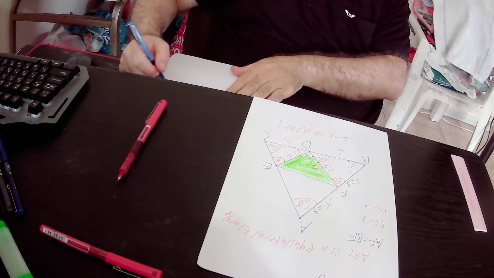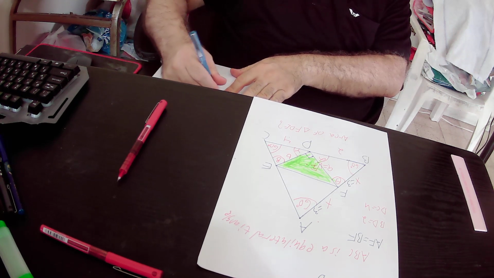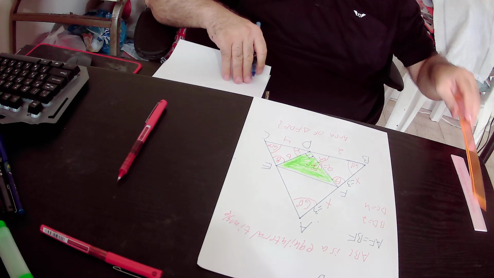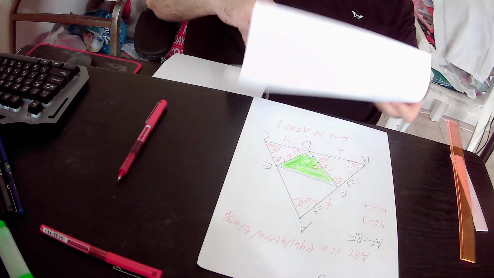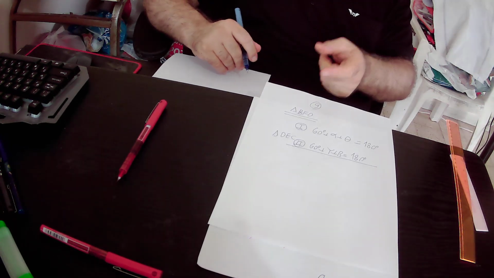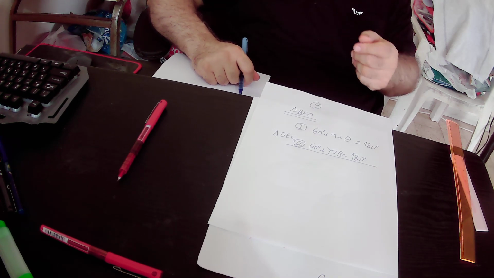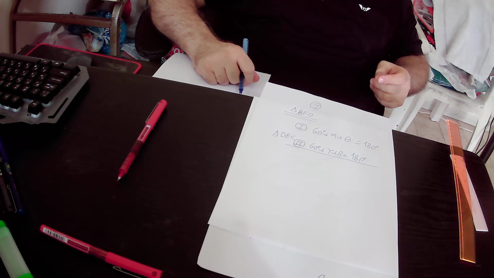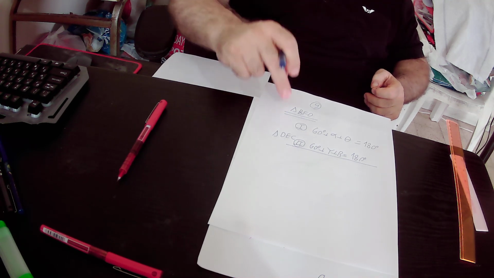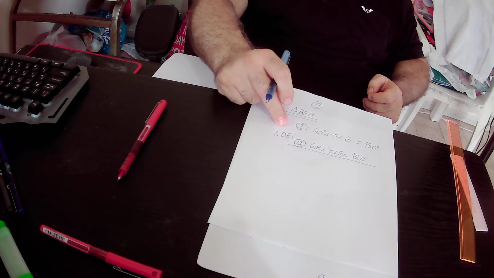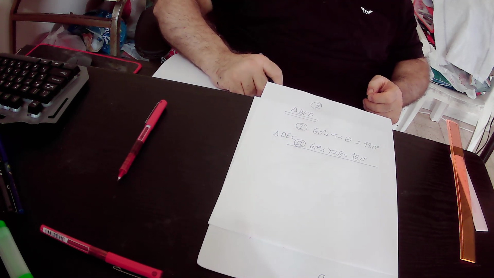Okay, so we created two equations. Equation number 1 states that the sum of the angles in triangle BFD equals 180 degrees, and equation number 2 states that the sum of the angles in triangle DEC also equals 180 degrees.